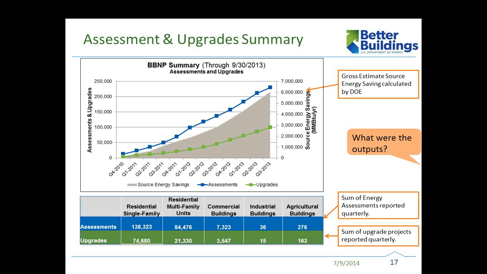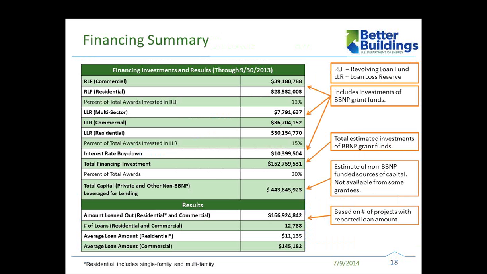So assessments and upgrades, and then a big emphasis in the Better Buildings program by a lot of grantees was in financing, and they made a lot of investments in revolving loan funds, loan loss reserves, as well as interest rate buy-down programs. And so we wanted to see what was the total investment.